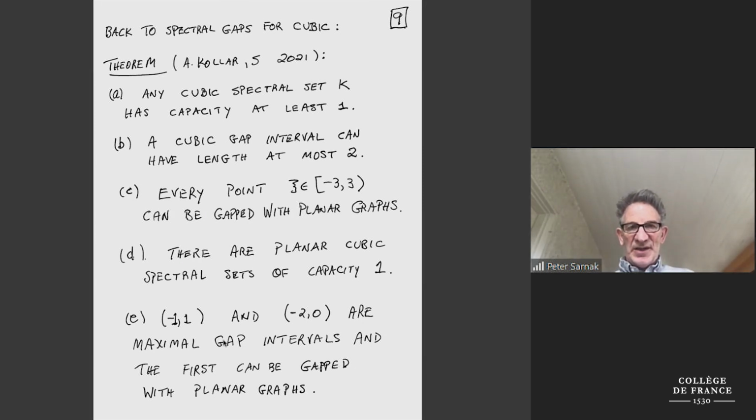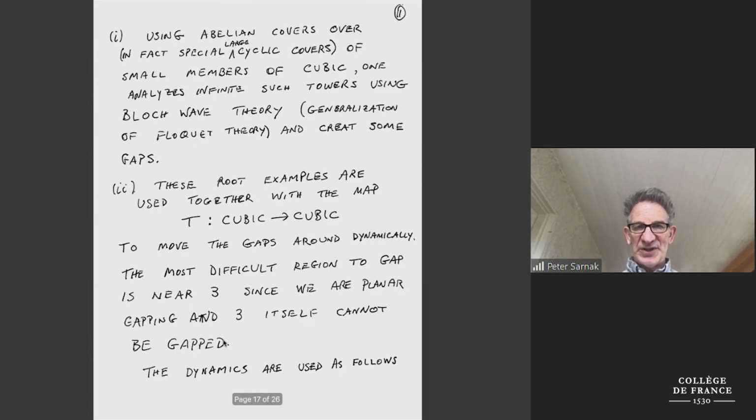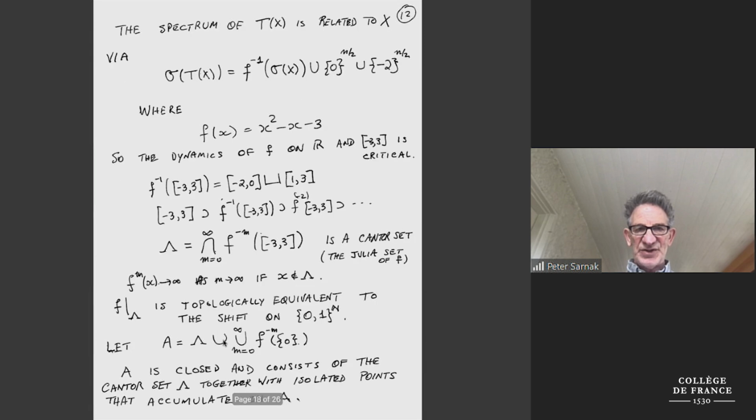Okay, I was going to explain the proofs, and I don't want to go too much over time. In fact, I have no right to go over time at all. So I'm going to skip the discussion of why each of those steps. The fact that you can gap every point makes heavy use of this operation T, which takes three regular graphs to three regular graphs.